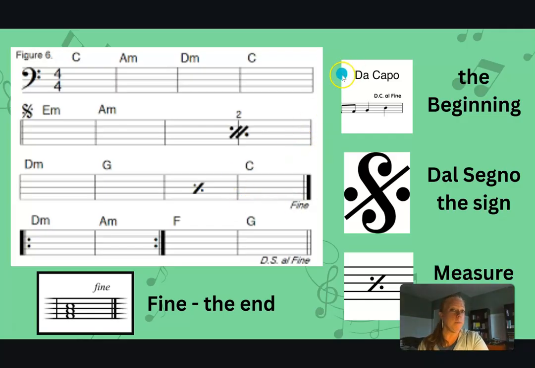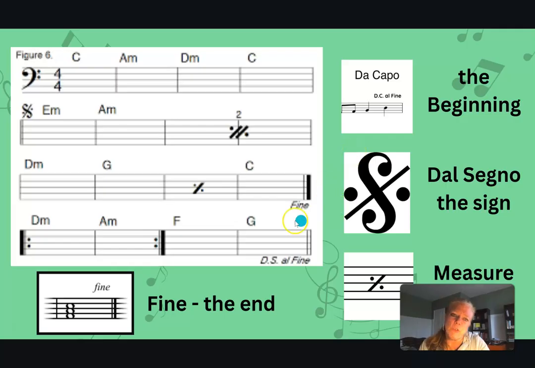Now remember, da capo means the beginning. Sometimes you'll see DC al fine, da capo al fine. Al doesn't mean it's your Uncle Al or someone named Albert. Al is to the, and fine in Italian means the end. So if you have a repeat that is DC al fine, you would go back to the beginning and repeat till you saw the fine.